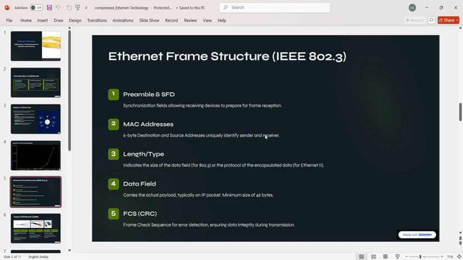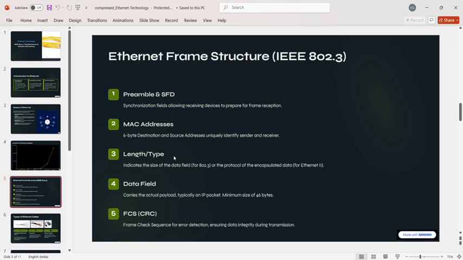All the devices consist of this 48-bit MAC address, and then the destination MAC address ensures the frame reaches the right device. Then the length or type. This indicates either the size of the data field or the protocol of the encapsulated data.